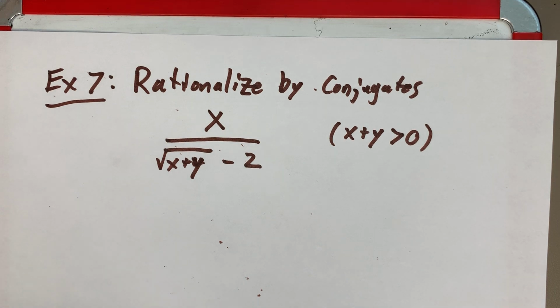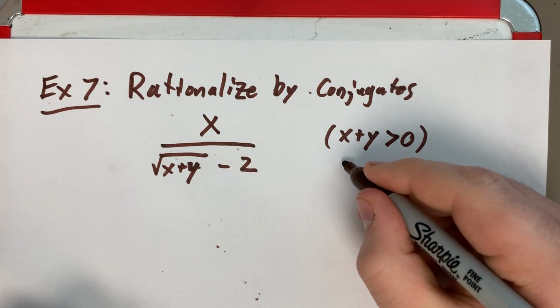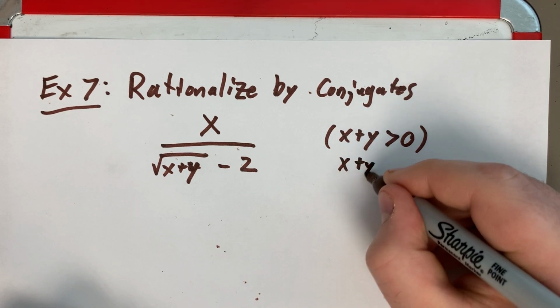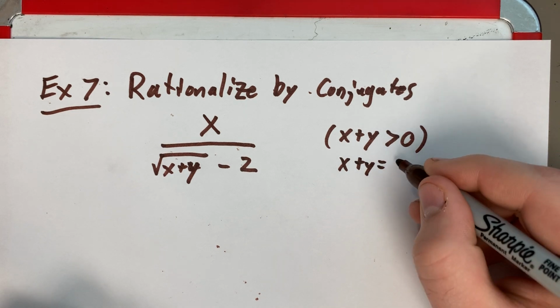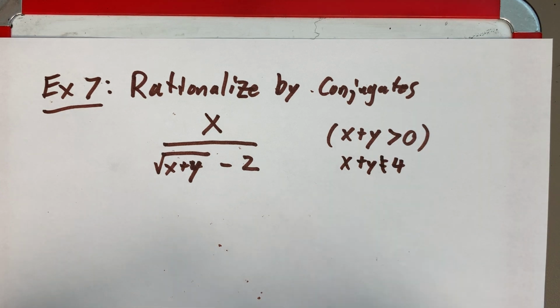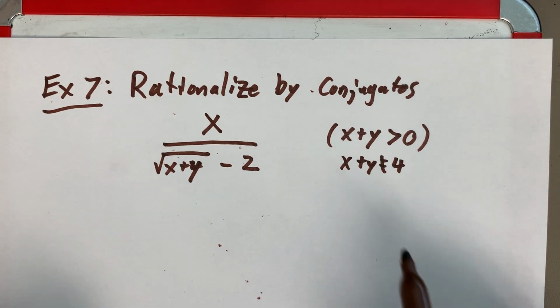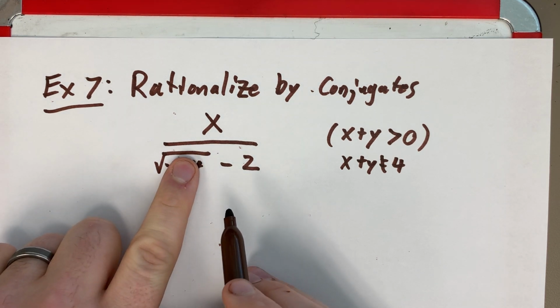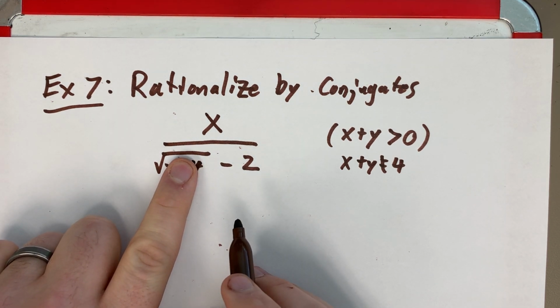And we also want one more condition. I didn't see this initially, but we do not want x plus y equal to 4. Why is that? Because if x plus y were equal to 4 on the inside, then the radical becomes 2.